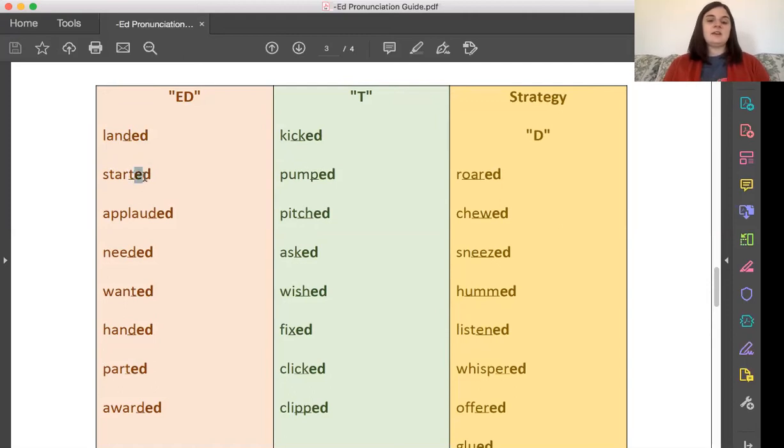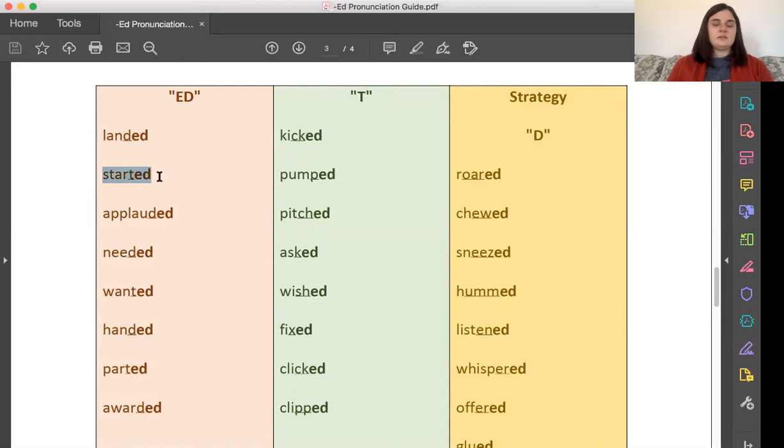So then it has the ed sound. Landed, started. Can you say with me? Landed, started. Okay, next one is applauded. Can you guys say applauded? Applauded!